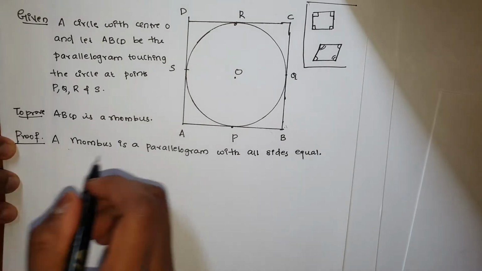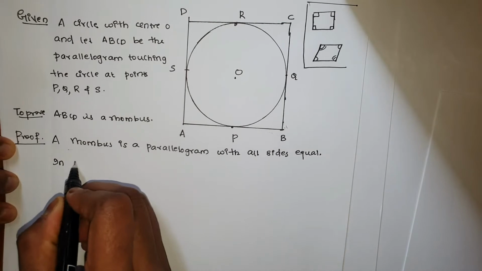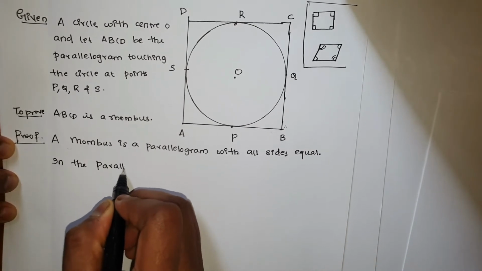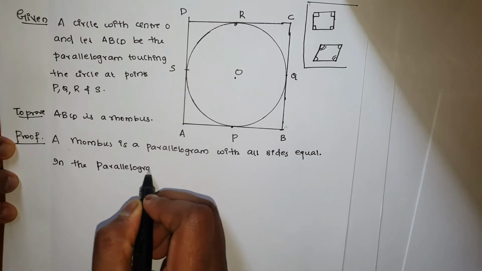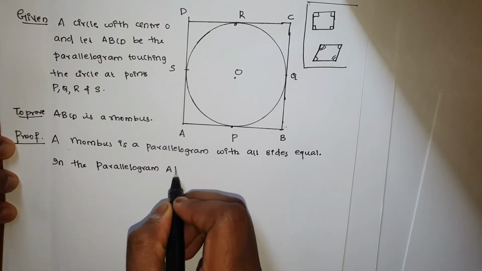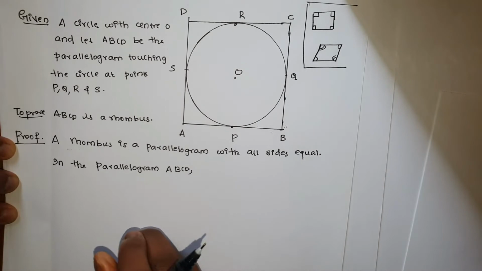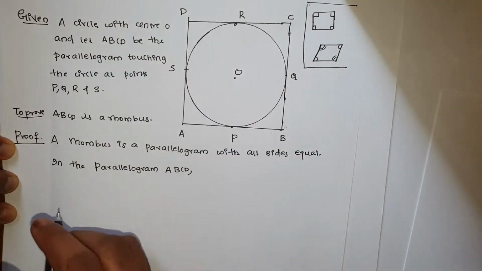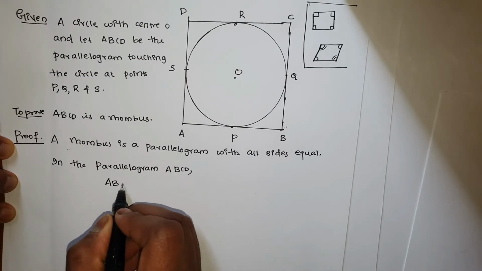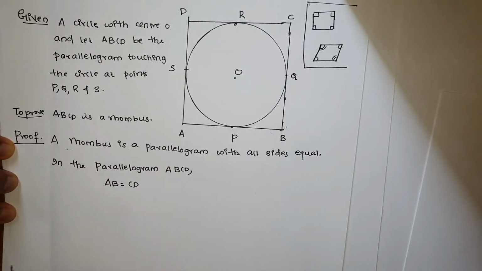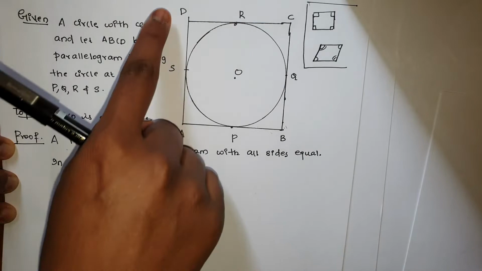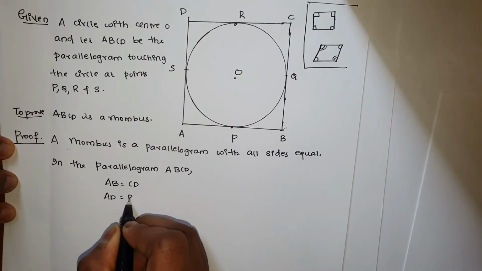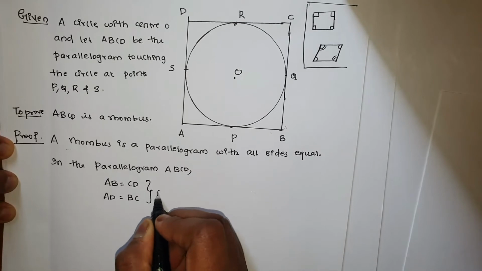So, in the parallelogram A, B, C, D, we can say AB is equal to CD. At the same time AD is equal to BC. What is the reason?